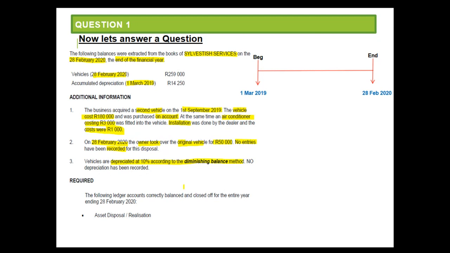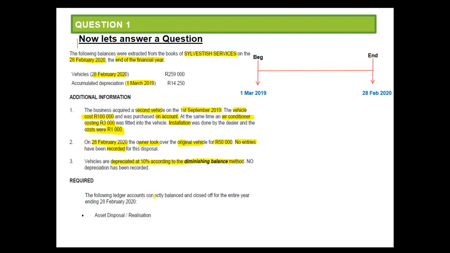No depreciation has been recorded. You must be careful. Remember, the asset can either be depreciated according to the straight line method or diminishing balance method. So you need to check the question thoroughly, because if you use a different policy of depreciation other than the one given in your question, you will lose marks for that.